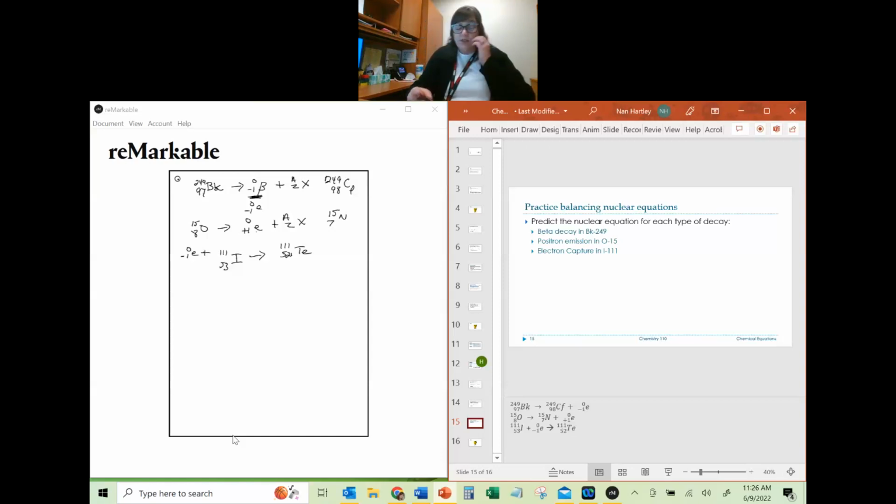Yeah, that beta particle has got to be wrong. It has got to be a negative number on that one. So this one right here. So I will make that change on the slides and repost them just so you guys have that available. There's a reason that you should see it like that. Let me take a pause here so I can fix it.